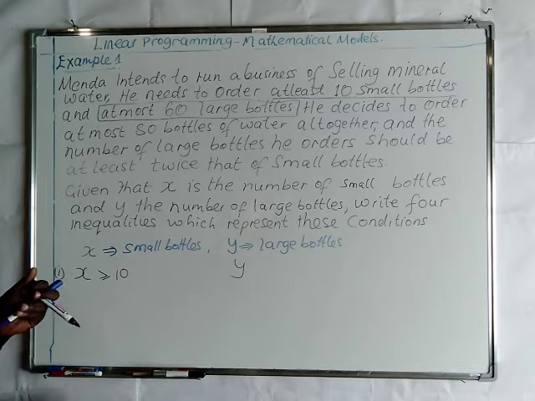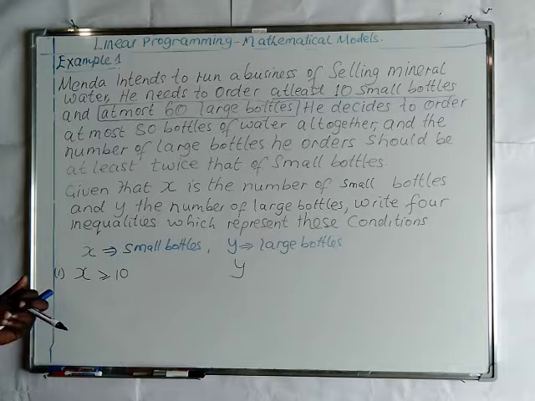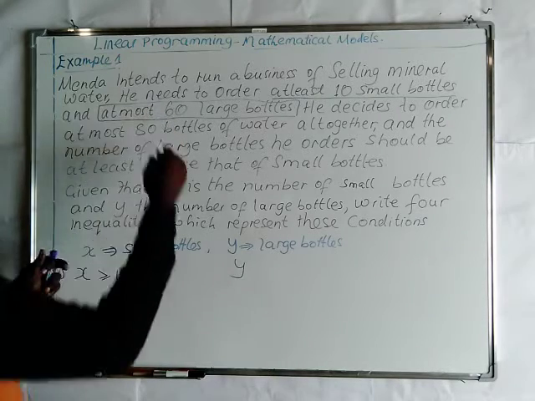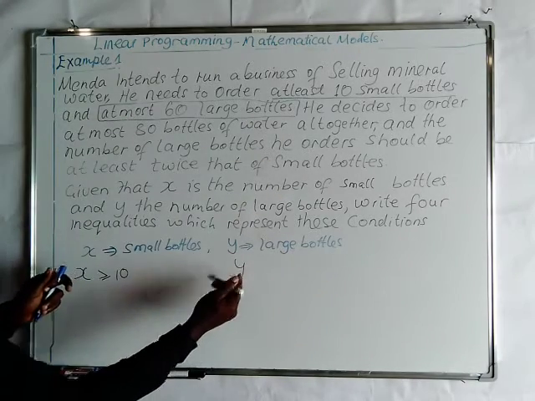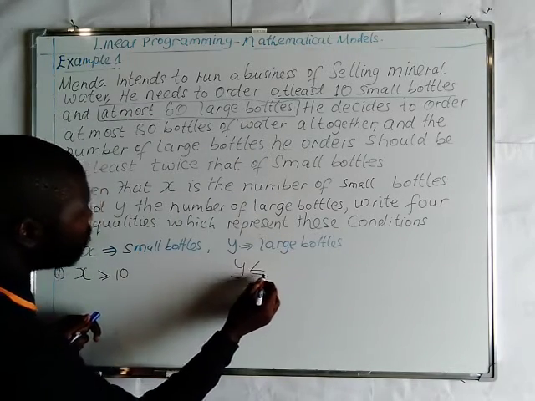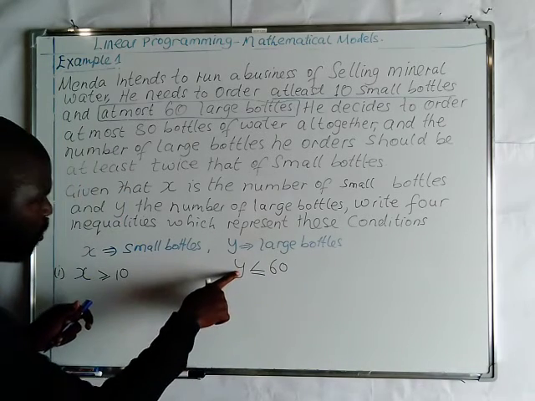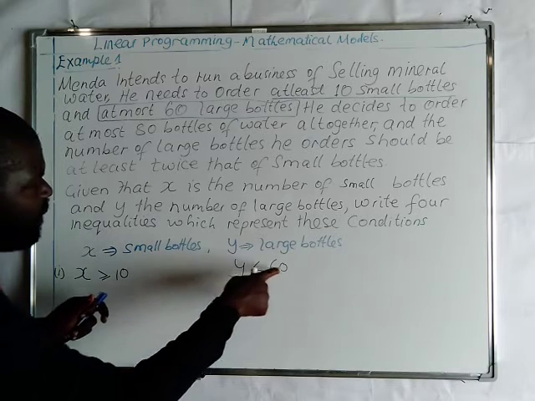So at most means less than or equal to. Large bottles is Y, so at most, less than or equal to, then we have 60. So the large bottles should be at most 60.